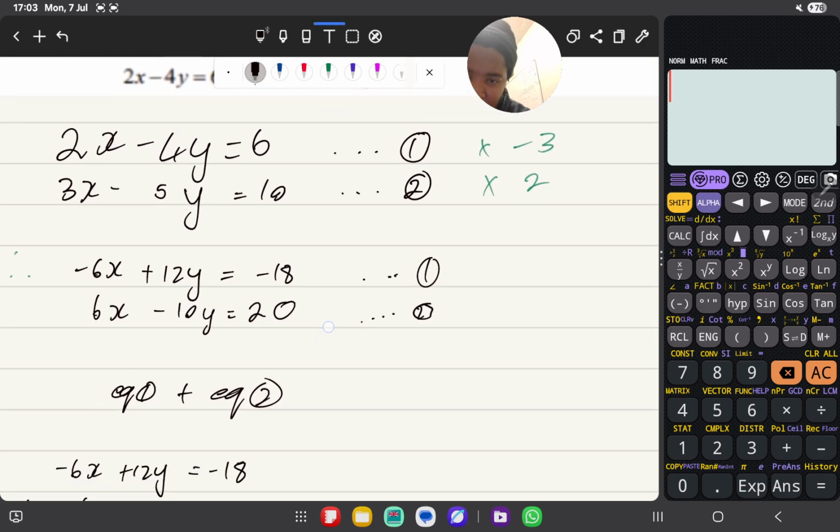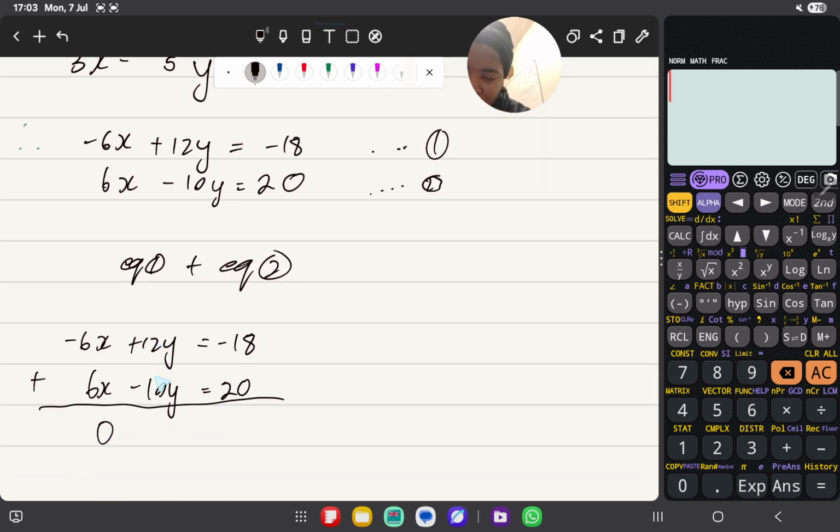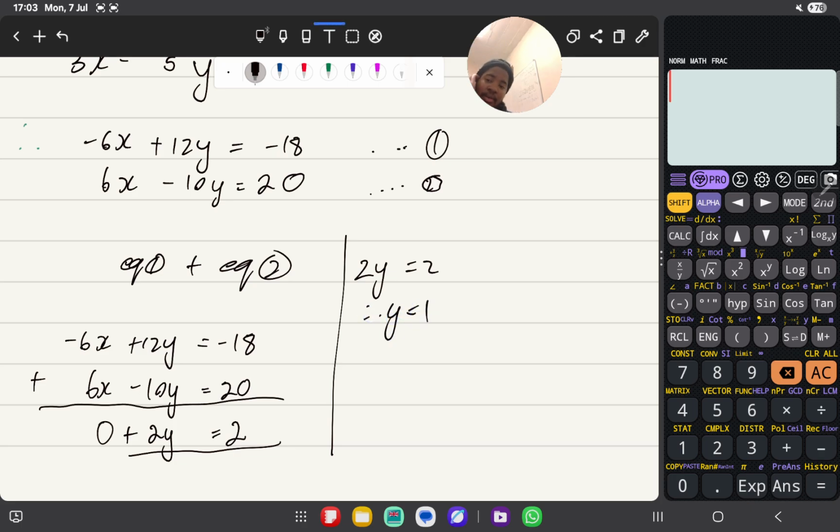Yes, it was 12 minus 10. So this together, that is 2y equals, this together, that is 2, right? Oh, I forgot the plus here. So therefore we are getting that 2y equals 2, therefore y equals 1, right?